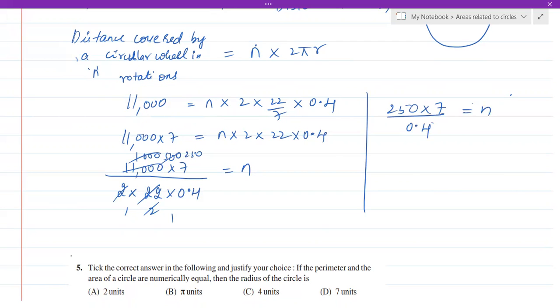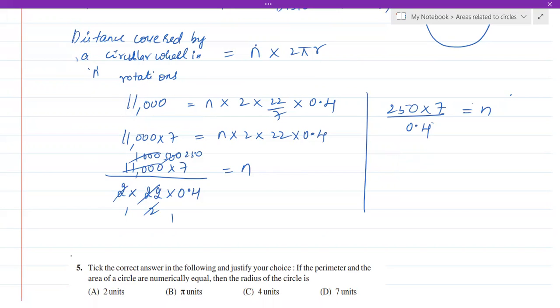Now remember, let's multiply the numerator, or you can also divide it by 4. Let's multiply the numerator. 7 zeros are 0, 7 5s are 35, 3 carry, 7 2s are 14, 14 plus 3 is 17, so 1750.